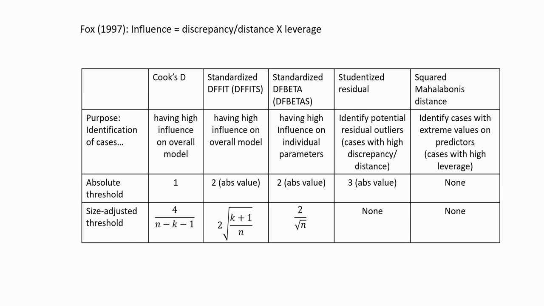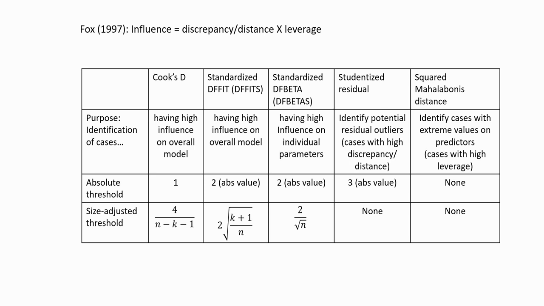The size adjusted Cook's D can be computed as 4 divided by n minus k minus 1, where n is the sample size, k is the number of predictors, and obviously we're subtracting 1 as well. With respect to DFFITS, the size adjusted threshold can be computed as 2 times the square root of k plus 1 over n, where k is again the number of predictors and n is your sample size.